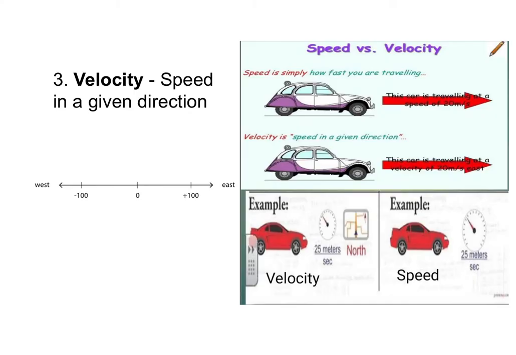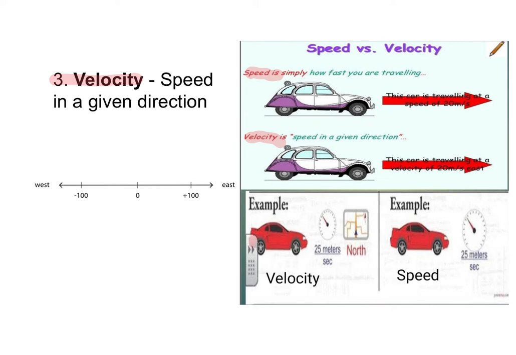So one way we can talk about direction on a number line is using this term velocity. So please make sure you have this vocab written down. Velocity is speed in a given direction. Some examples right here, we have a car and the speed is simply how fast the car is traveling. So this car is traveling at a speed of 20 meters per second, whereas velocity is how fast this car is traveling in a given direction.